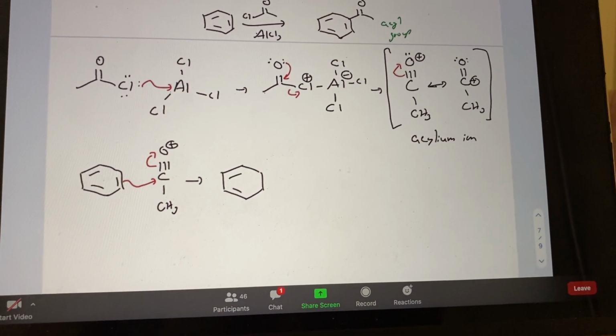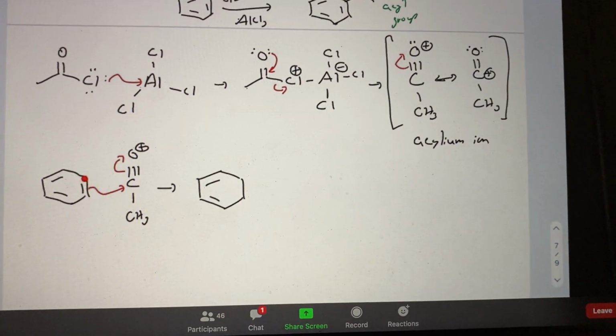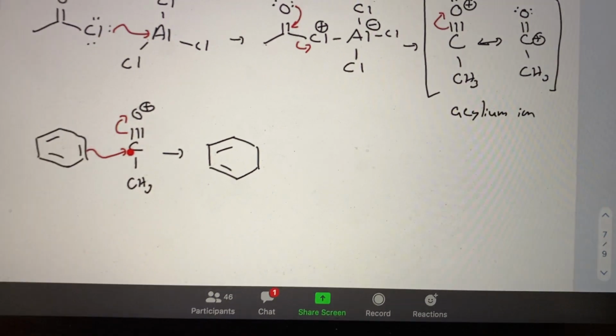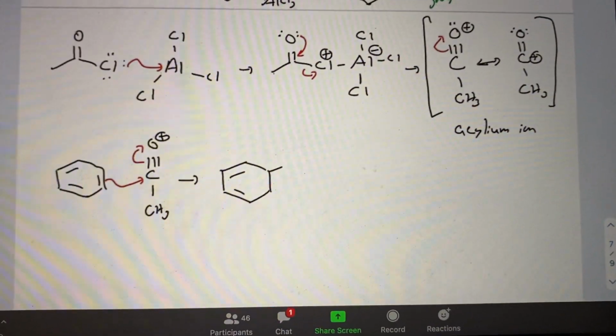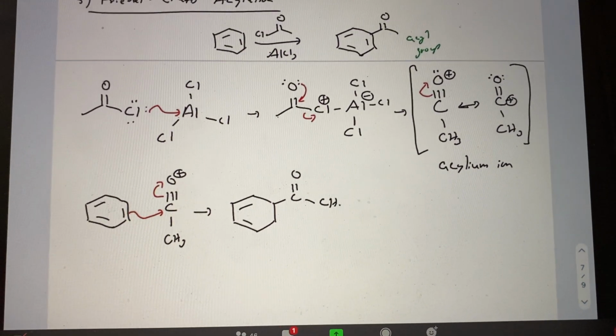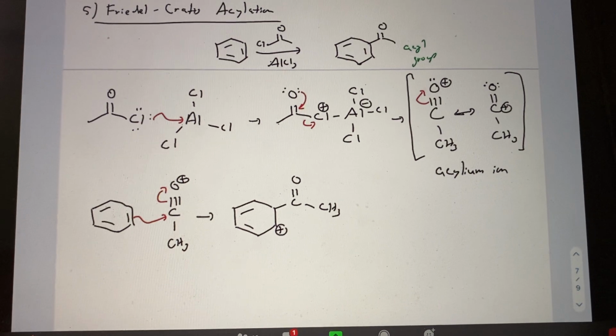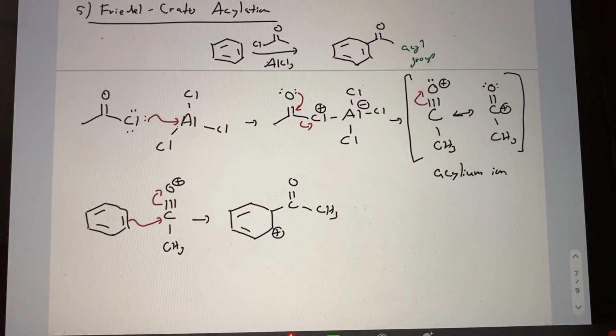Now, what we're going to end up doing is forming a new bond between, we're using this carbon here, could be any one of them. New bond to the carbon. Carbon-oxygen double bond. CH3. Left with a formal charge. Here we can draw a resonance structure, so far an arenium ion here.